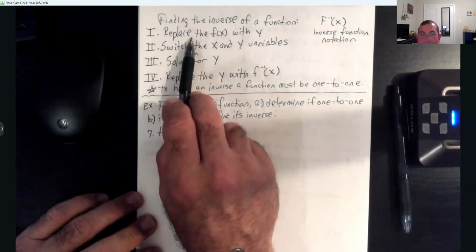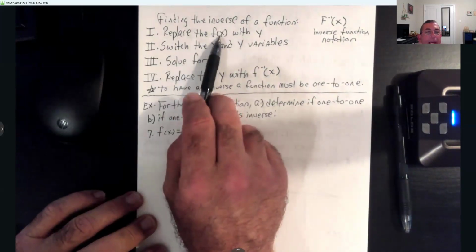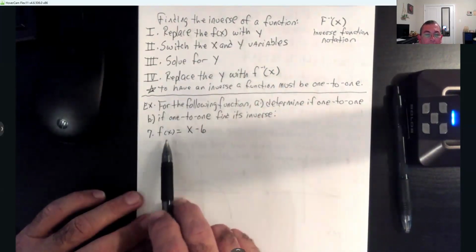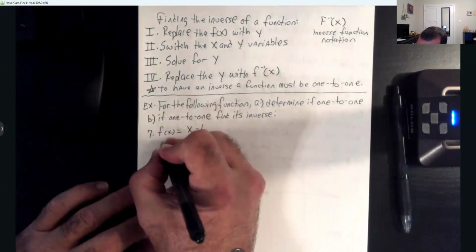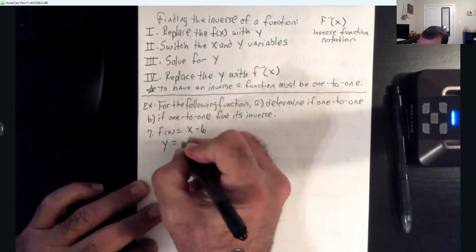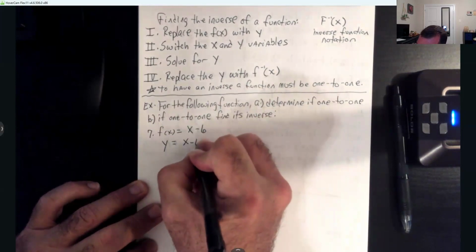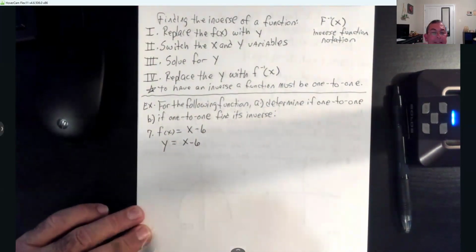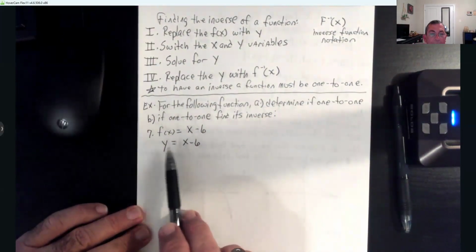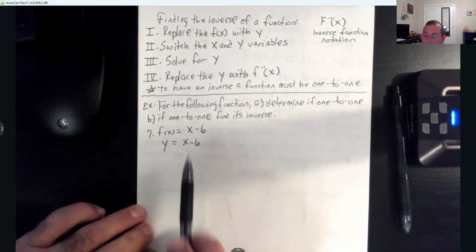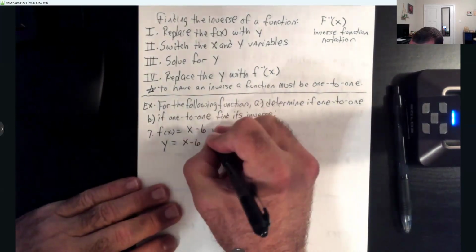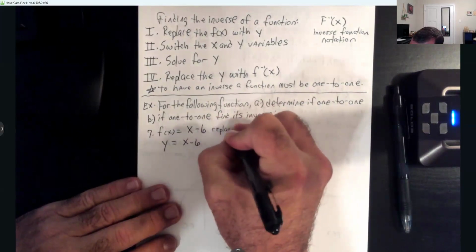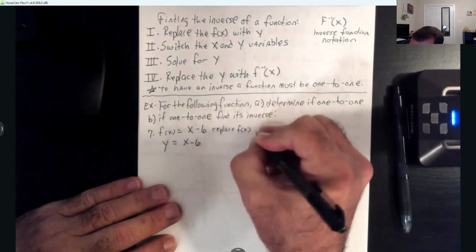So remember, first thing I said up here, replace the f of x with a y. So I'm going to replace f of x with a y. Then I said I'm going to switch the x and y. So I'm going to write my steps over here. So I replace f of x with a y.